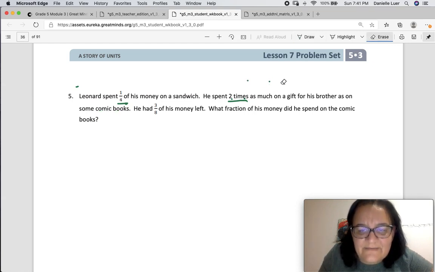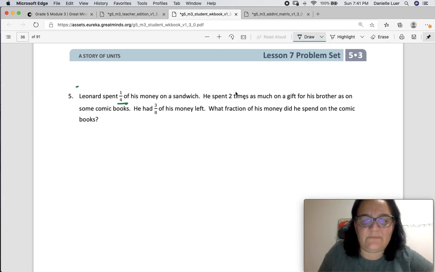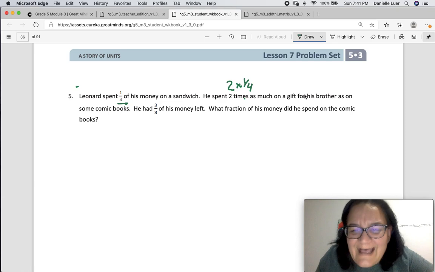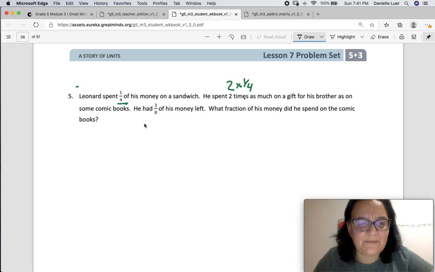So that is the gift. This is why careful reading is important. Nope, that's still not the comic book. This is a tricky one. You guys have to read this a couple times to get it, okay?